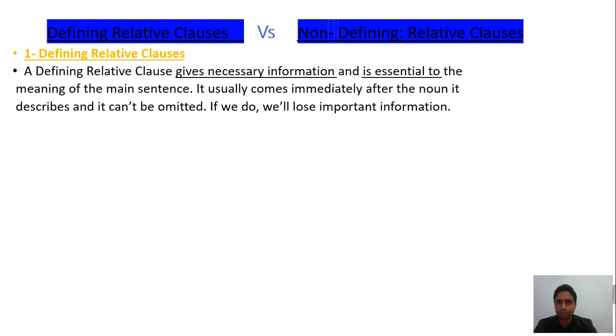So this is one. Number two, it usually comes immediately after the noun it describes and it can't be omitted. And if we omit the relative clause, we will lose important information and the meaning will be not clear for the person you are talking to or writing to.